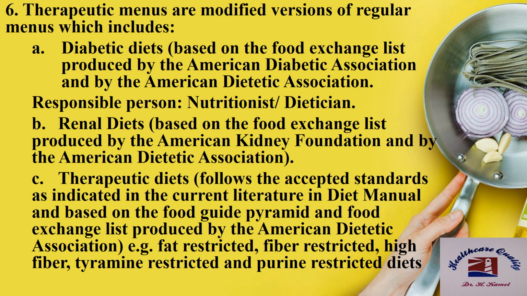C. Therapeutic diets follow the accepted standards as indicated in the current literature in diet manual and based on the food guide pyramid and food exchange list produced by the American Dietetic Association. For example, fat restricted, fiber restricted, high fiber, tyramine restricted, and purine restricted diets.